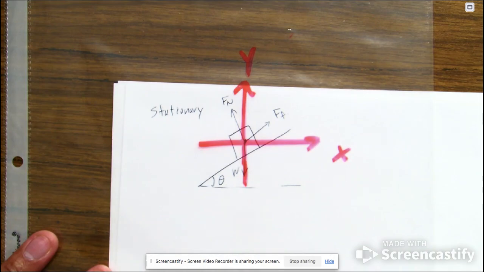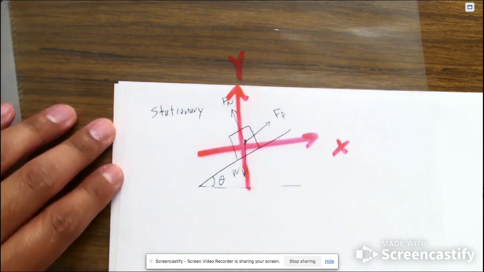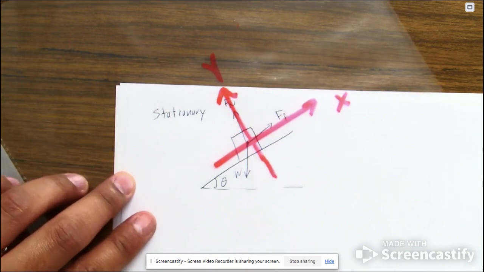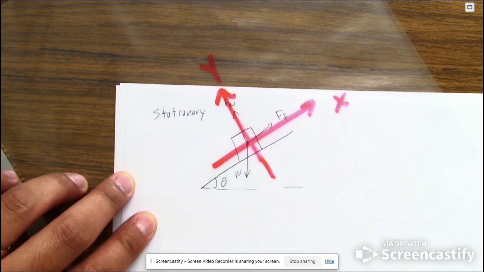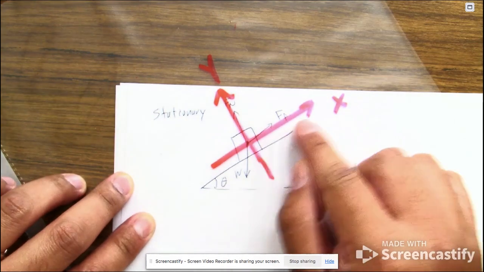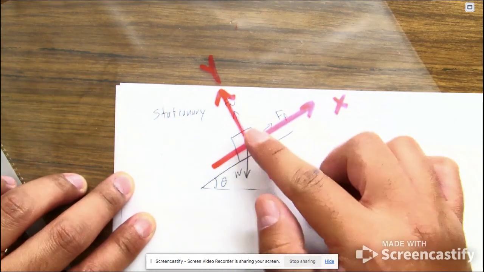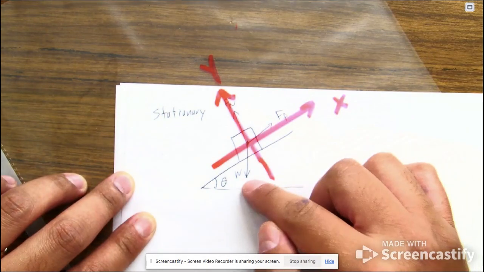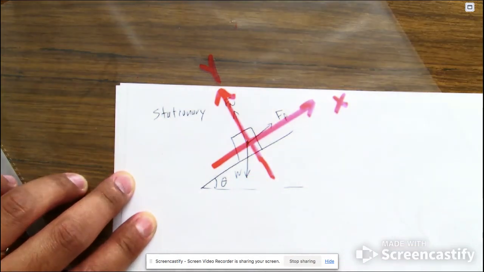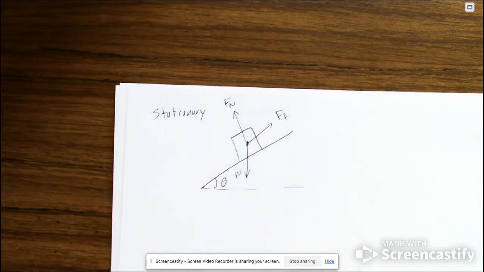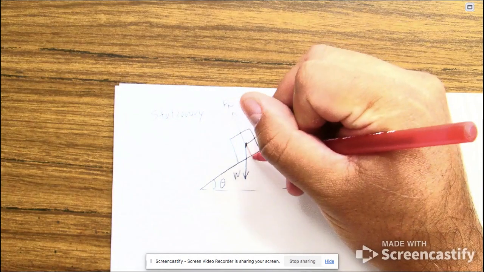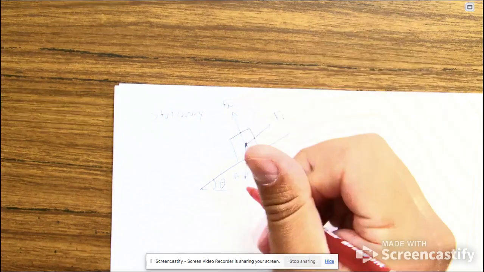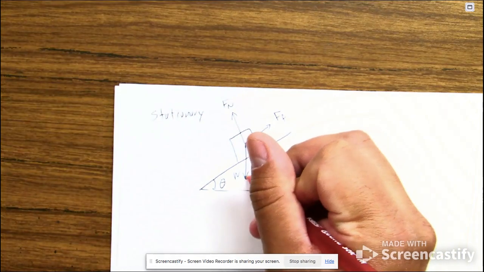So what usually helps is if we line up our y with our normal, and when we do so, we've reduced the force of friction to a one-dimensional vector, and the normal force to a one-dimensional vector. And so the only two-dimensional vector I have to worry about is that weight, where this would be one of those vectors and this one would be the other.